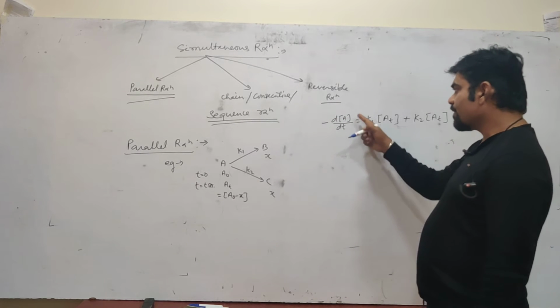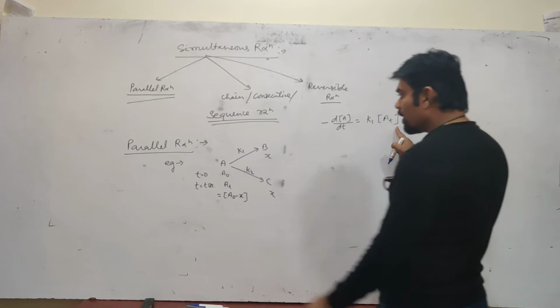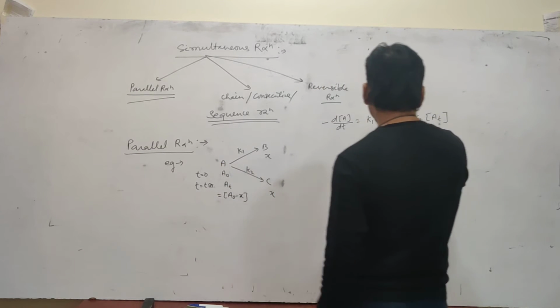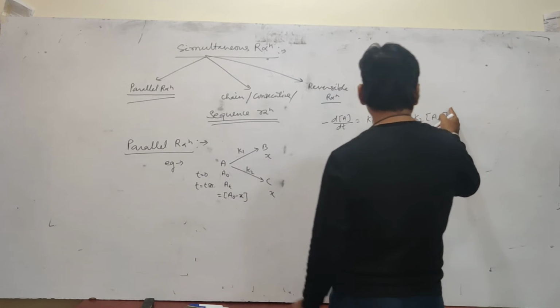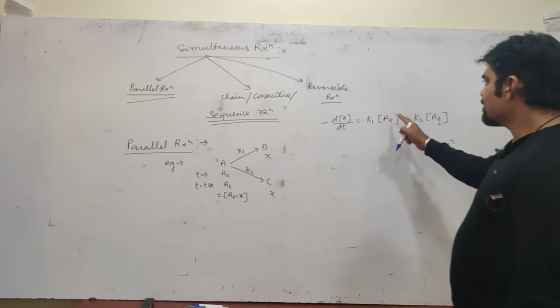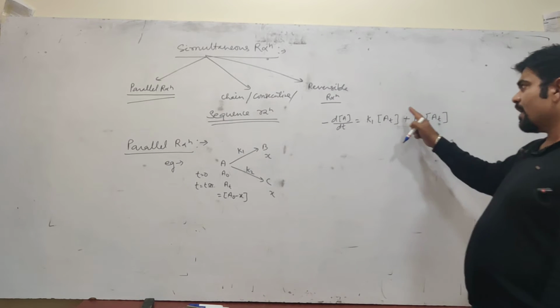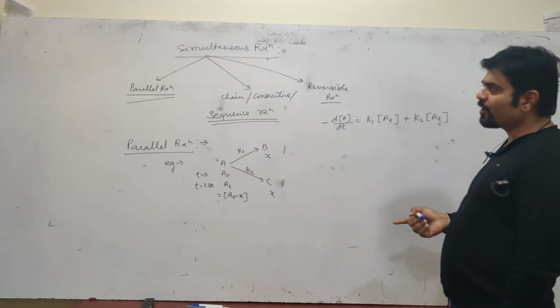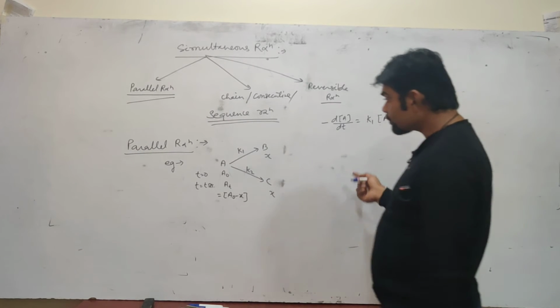If it is a first order reaction, the power is 1 for both. However, you can take it as power m and power n, where the values of m and n are 1 because we are studying first order parallel reactions.